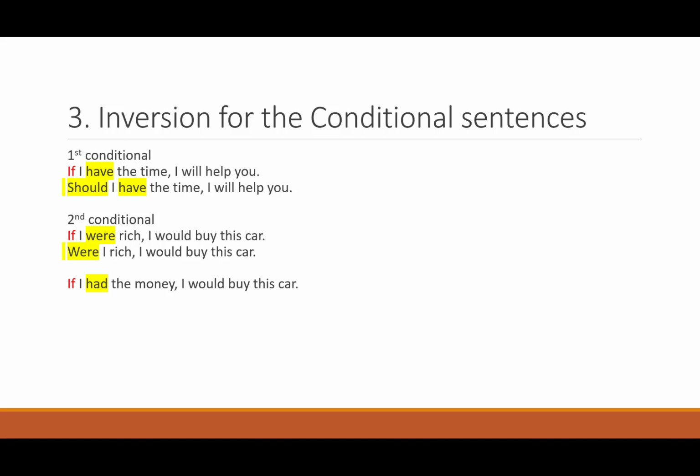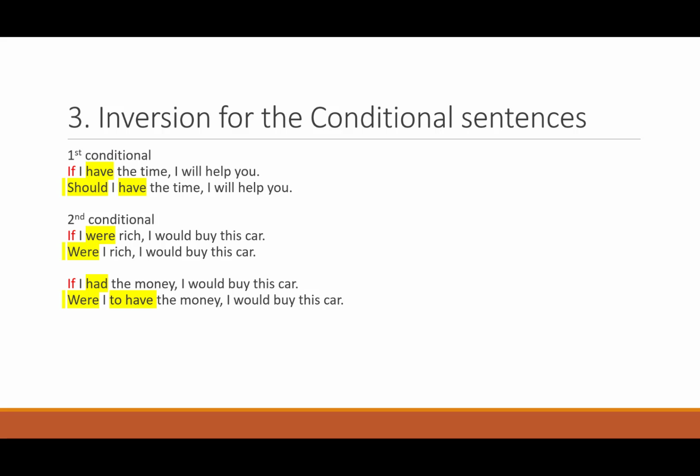Therefore, the answer is were I to have the money, I would buy this car. So for the second conditional, please check the verb first. If the verb is were, use the first pattern, were, subject, adjective, noun, adverb. If the verb is not were, you have to use were, subject, to verb 1.